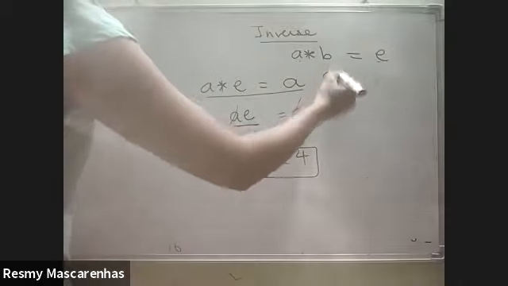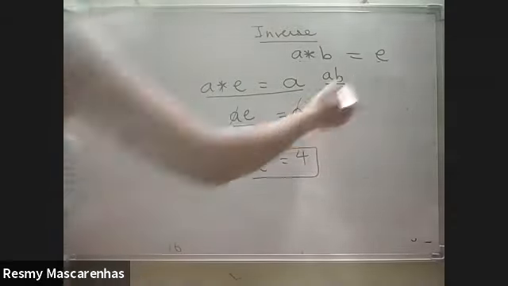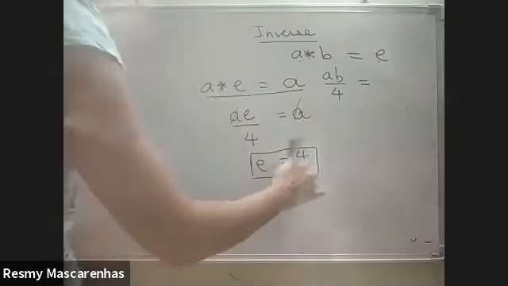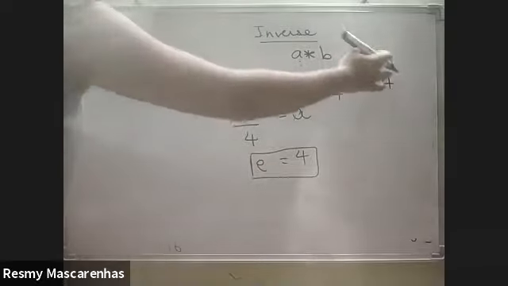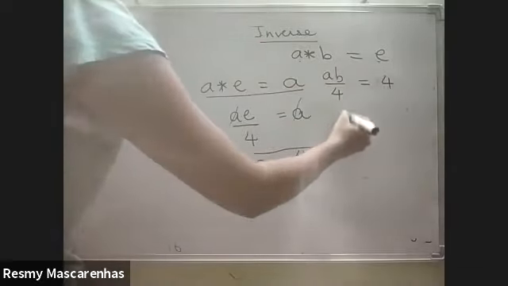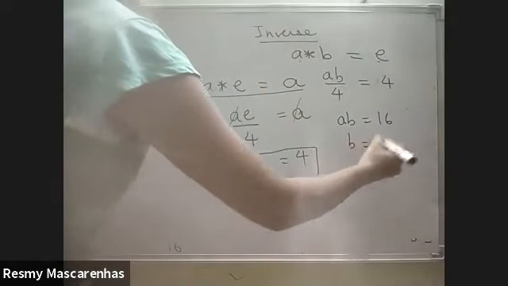As per that, AB upon 4 will be your answer. E is how much? 4. Just now you got it. So just put the value of E. So AB will be 16. B is 16 upon A.